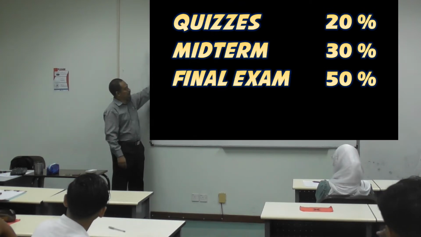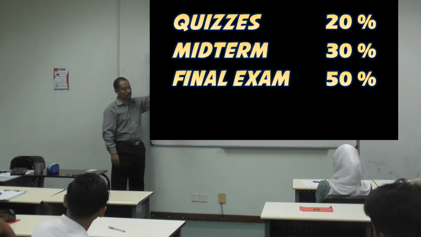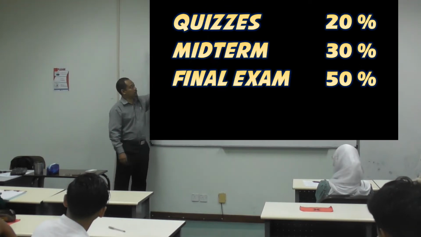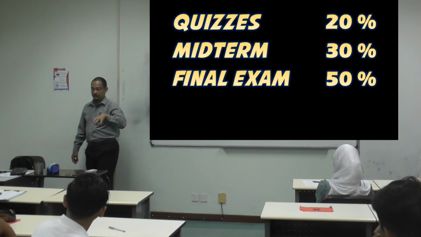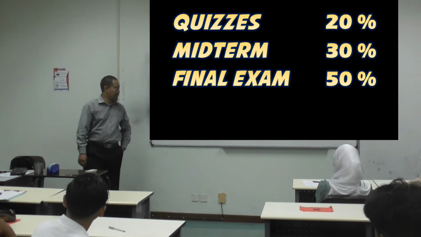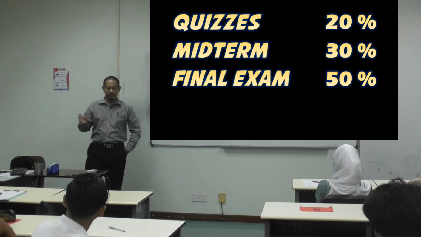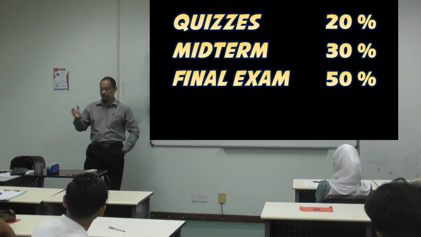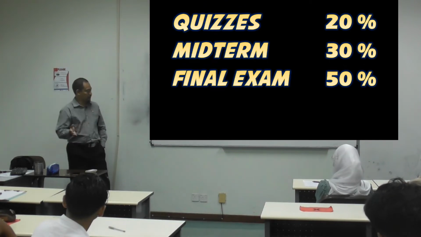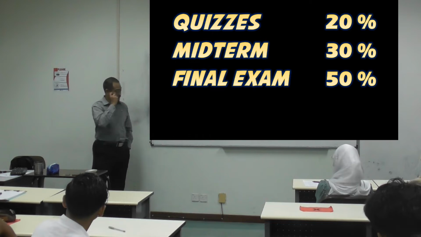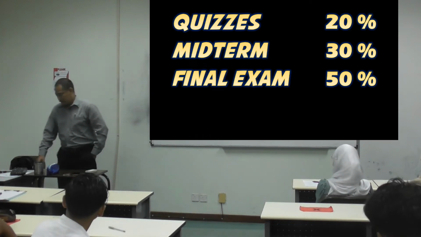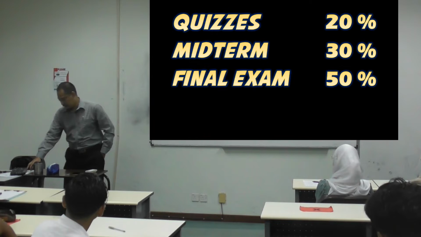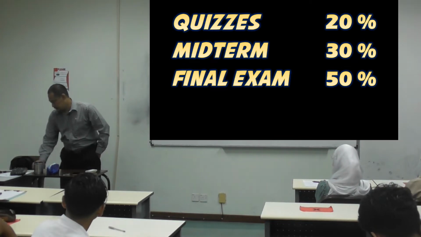So the midterm and final will be held together with all 3 sections, but quizzes will be in each individual class. So quizzes may differ significantly between sections, especially if the lecturer is different, sometimes the way the quiz is done is different. But the midterm and final will be centralized.